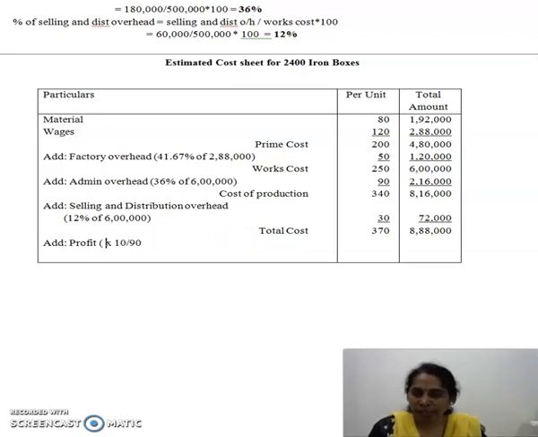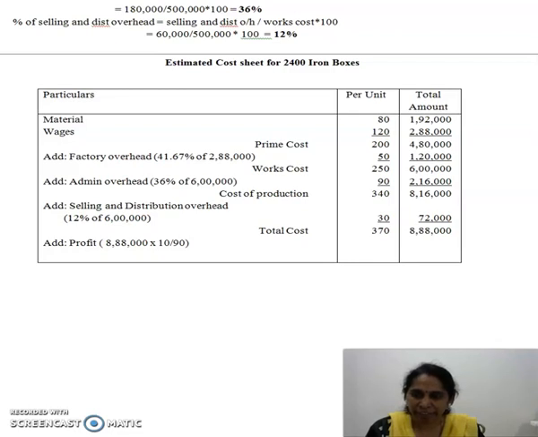So cost, here cost is how much? 8,88,000. So 8,88,000 into 10 by 90. How much is it coming? Let me calculate. 8,88,000 into 10 divided by 90. It is coming 98,667.